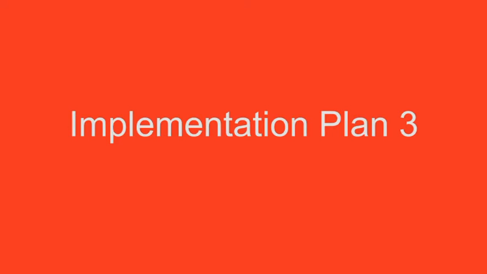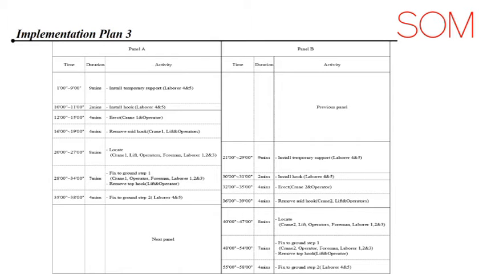The implementation plan 3 should be the most special one among all of the 3 different implementation plans, because our proposal 3 has a totally different strategy. Thanks to the extra resources we added, which means 1 extra crane and 2 extra laborers, the third proposal has a feature of double critical path. Such a feature is reflected perfectly in its implementation plan.